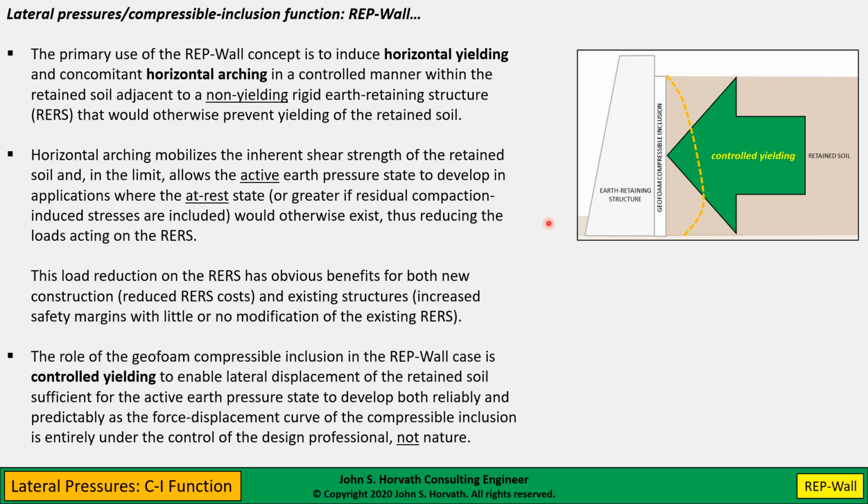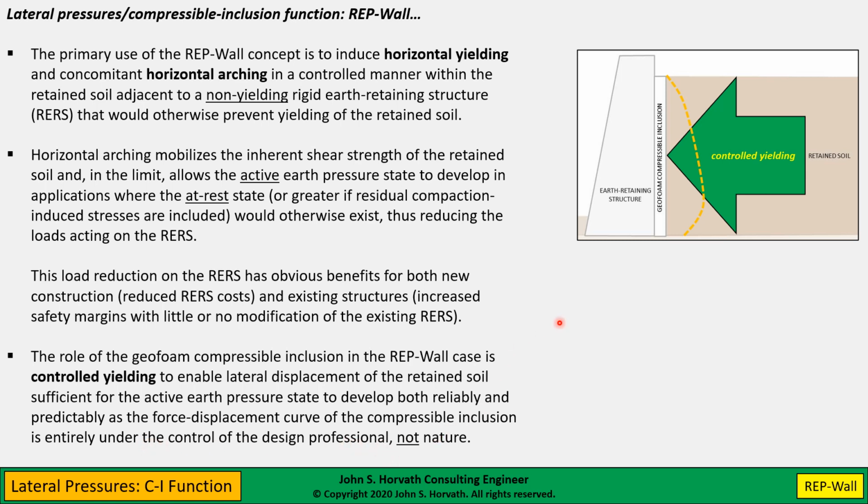As I said, the role of the geofoam in the REP wall case is controlled yielding because it enables the lateral displacement of the retained soil sufficient for the active earth pressure state to develop reliably, predictably. And that's because the force displacement curve of the compressible inclusion is entirely under the control of the design professional, not nature.